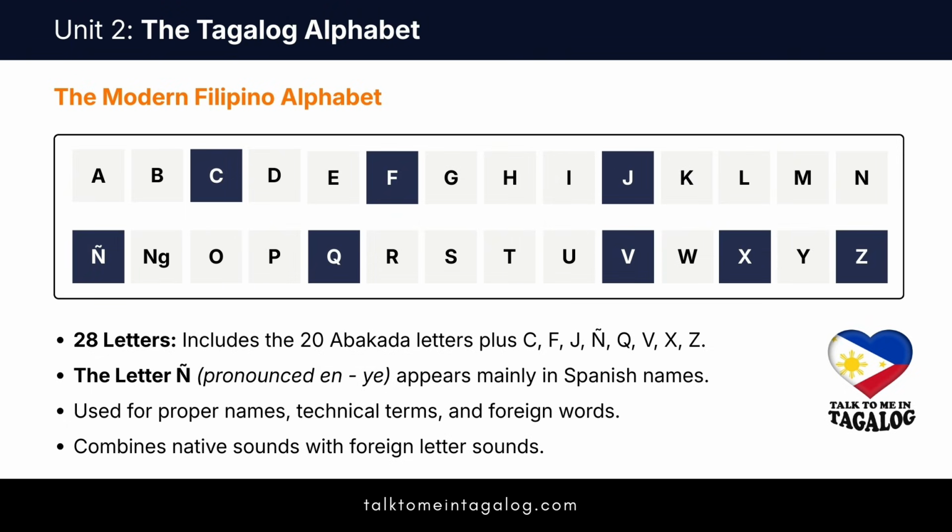These additional letters are mostly used for proper names, technical terms, and foreign words. Together, the modern Filipino alphabet combines native Tagalog sounds with foreign letter sounds. For beginners, don't worry, we'll focus on the core Tagalog sounds first, and you'll see these extra letters naturally as you continue learning.